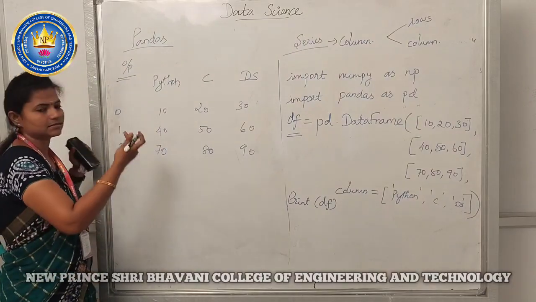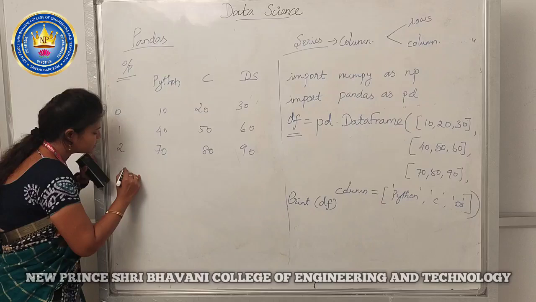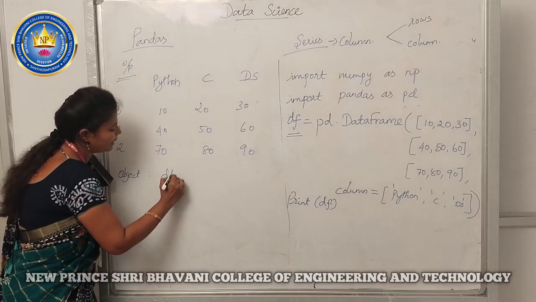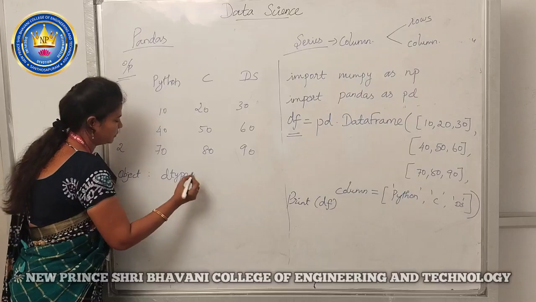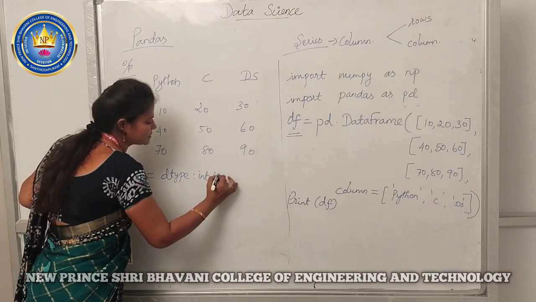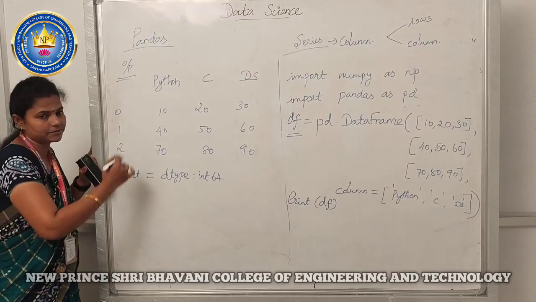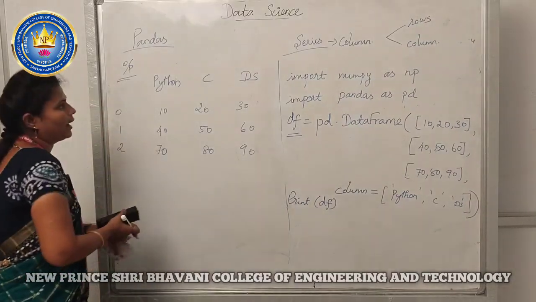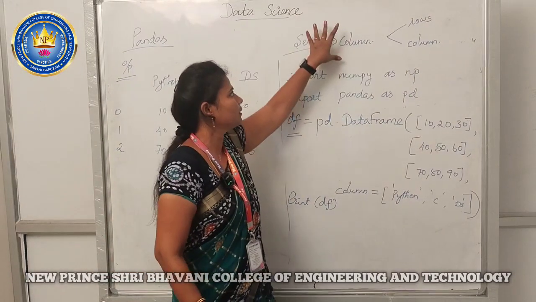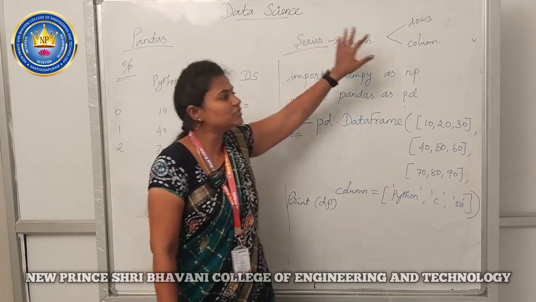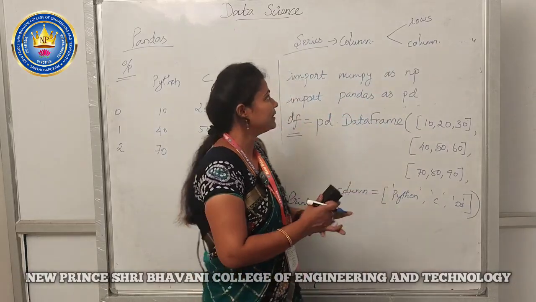And next is the dtype. What is the data type of this particular program? The data type is int64, or dtype is object, we can say like that. So in Python pandas we have two classes, series as well as data frame.